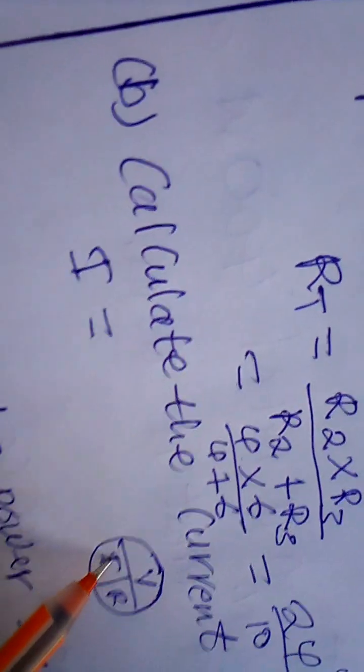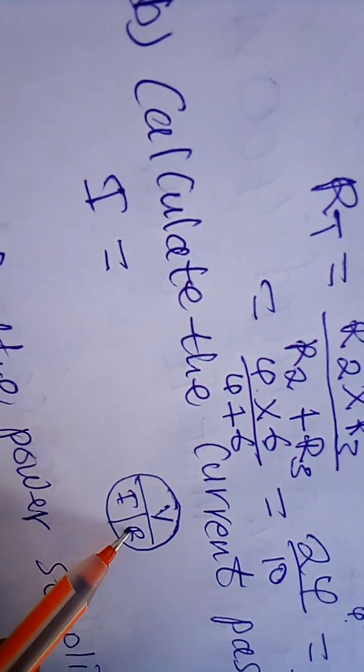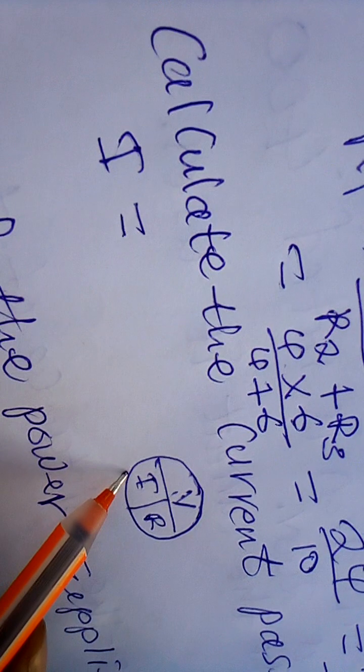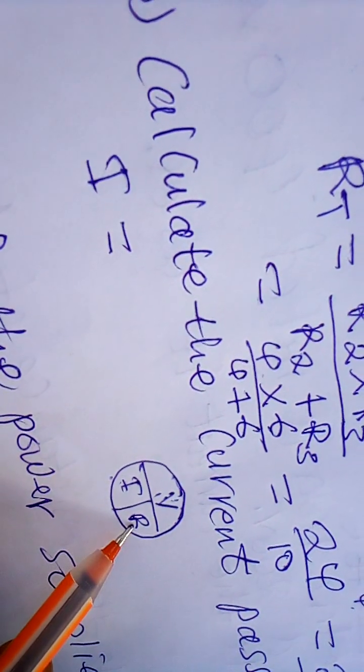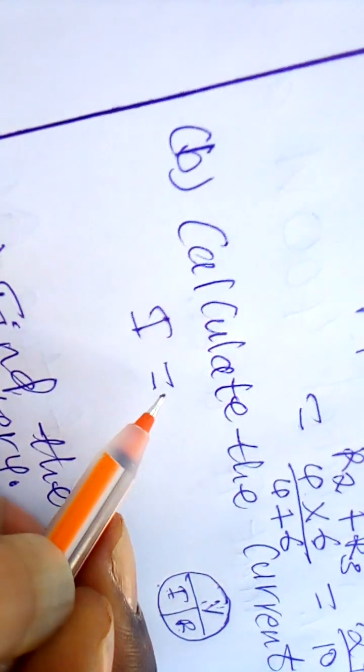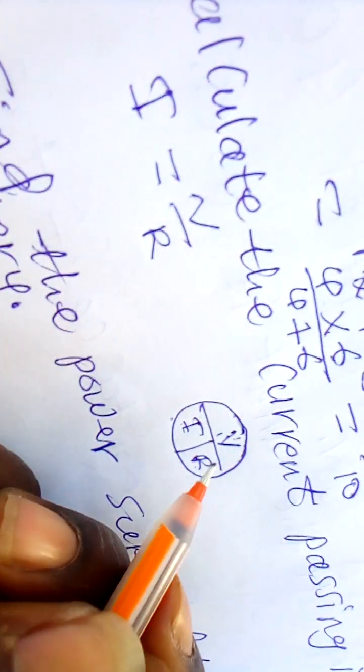When you are looking for current, current is equals to voltage over resistance. If you are looking for resistance, it is voltage over current. If you are looking for voltage, it is current times R. So current is equals to voltage over R.